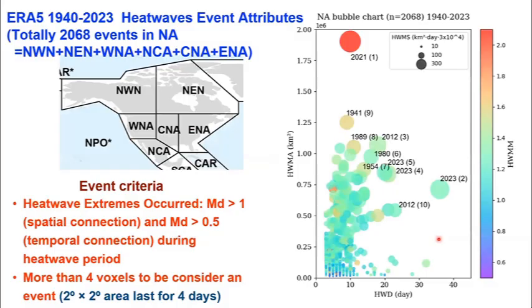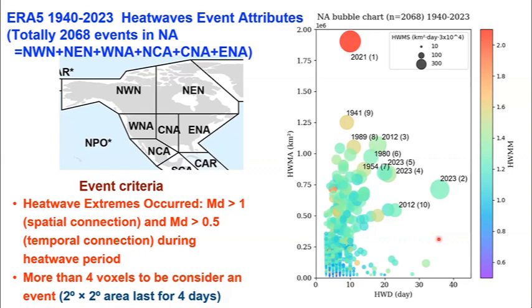And then, as I said, after you do that, apply it to this ERA5 data set from 1940. If I count only this IPCC, there are 6 North American sub-regions. If I make a summation total, there are about 2,000 events going through these 84 years.